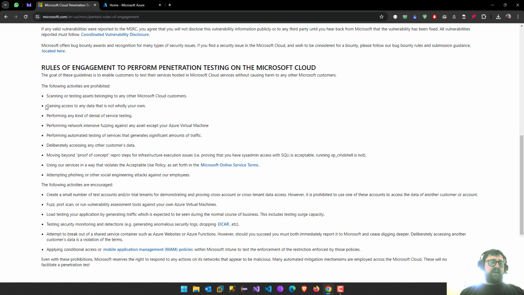All right. Gaining access to any data that is not wholly your own, it means it's a crime. We get data from any other customer, okay? Performing any kind of denial of service testing is also totally prohibited. Performing network intensive fuzzing against any asset except your Azure virtual machine.